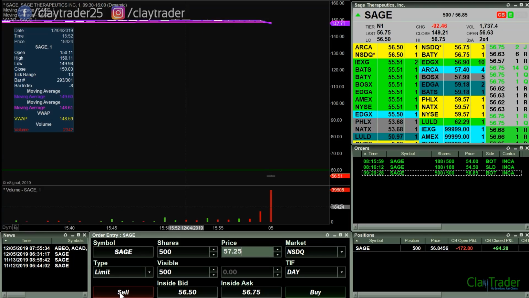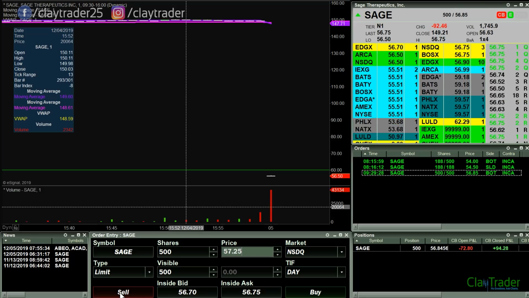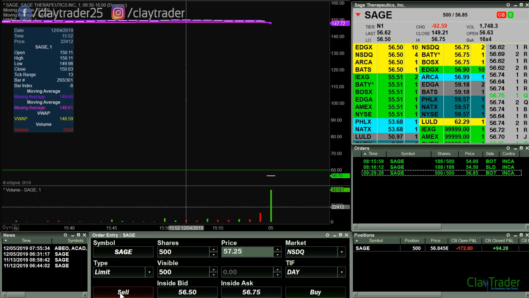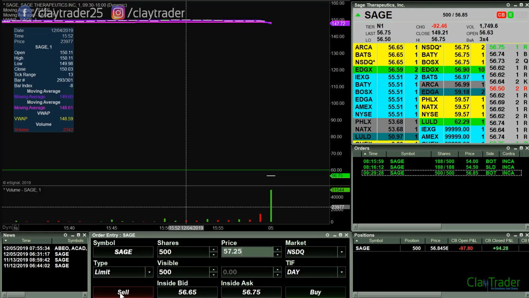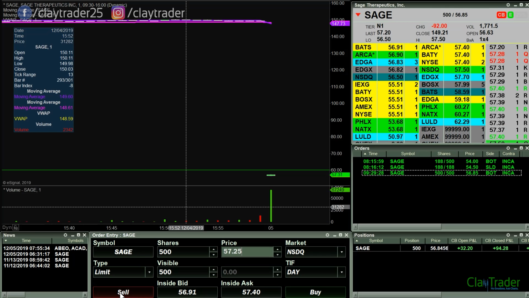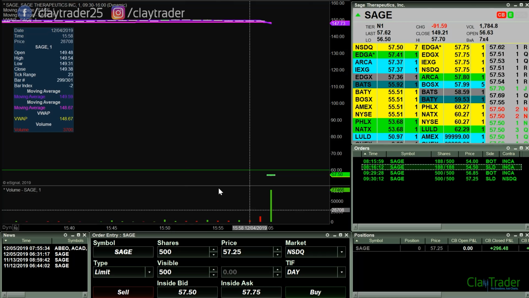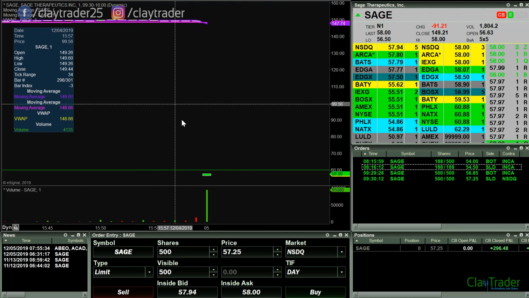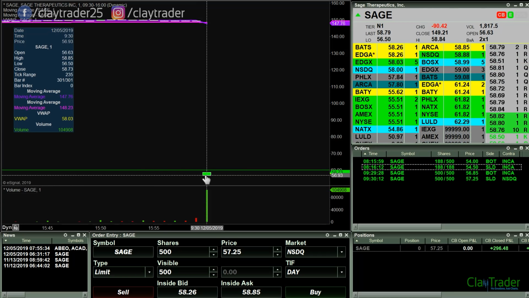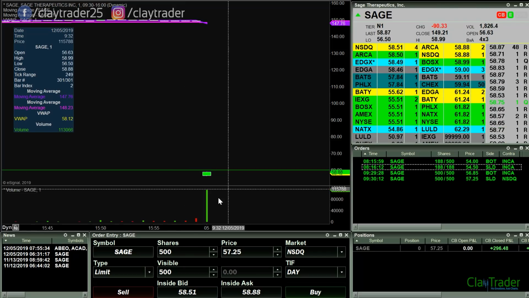Market is now open. So there's the break out there for a quick scalp, but let's see how this one wants to play out now. Wasn't confident it was going to be able to hold above the 57 break, to which it did.